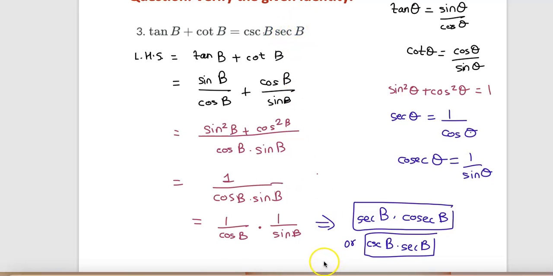So I can write, hence verified, it is an identity. So only use these formulas which I have given over here. These are the few that I'm using, and you should use only these. Let's proceed to the next slide.